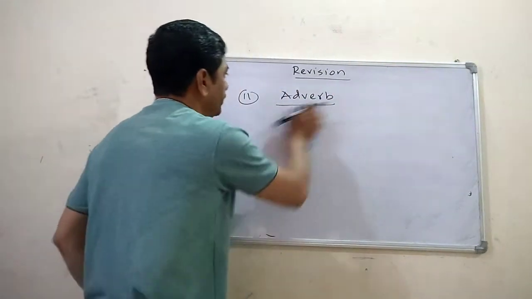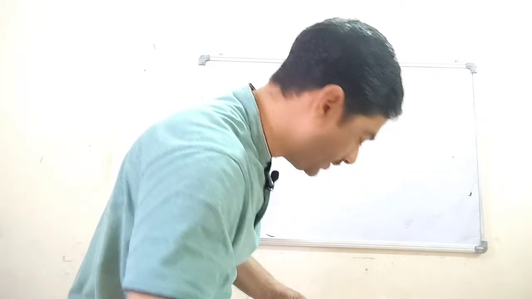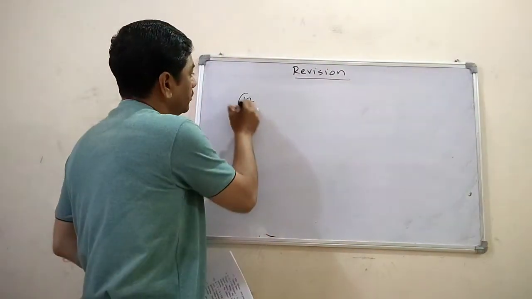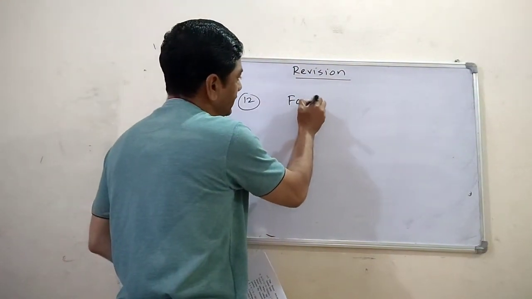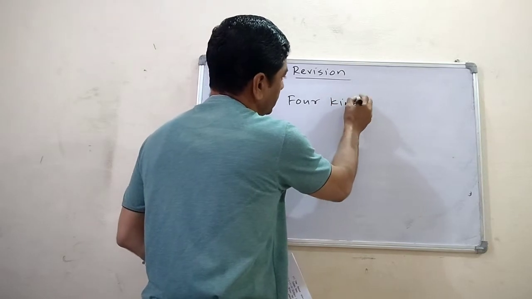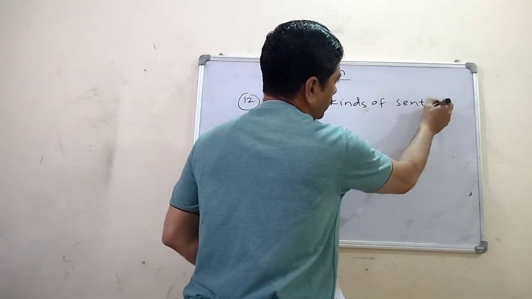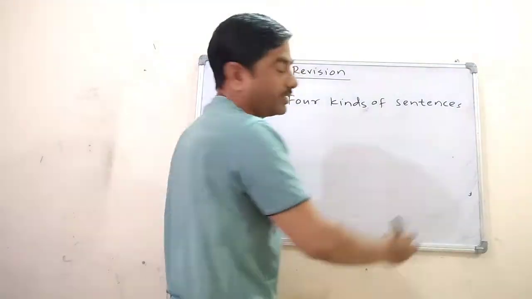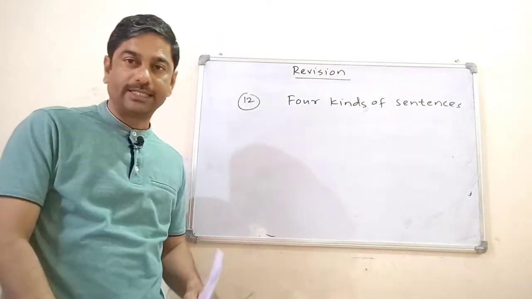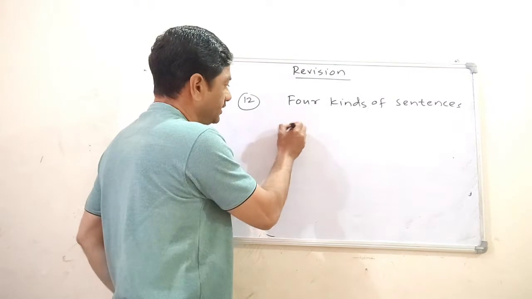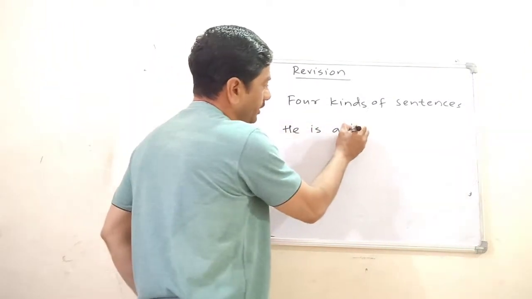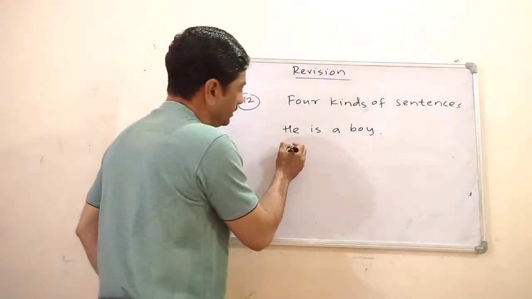And after this there was one video in which we studied about 4 kinds of sentences. See, declarative sentence. He is a boy. It is a declarative sentence.